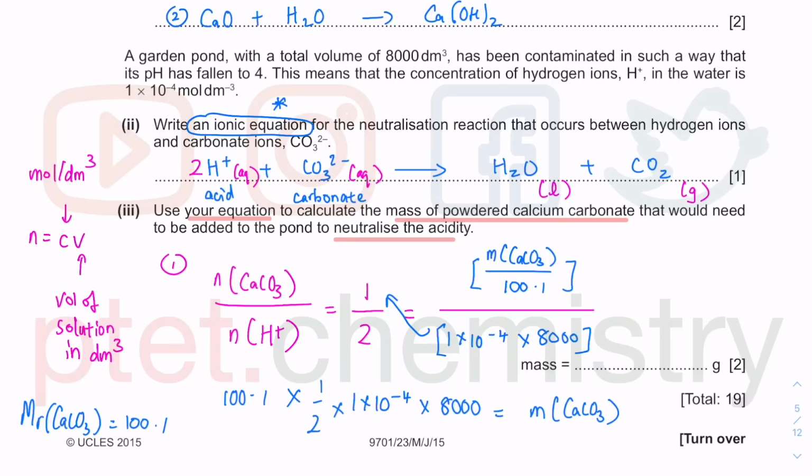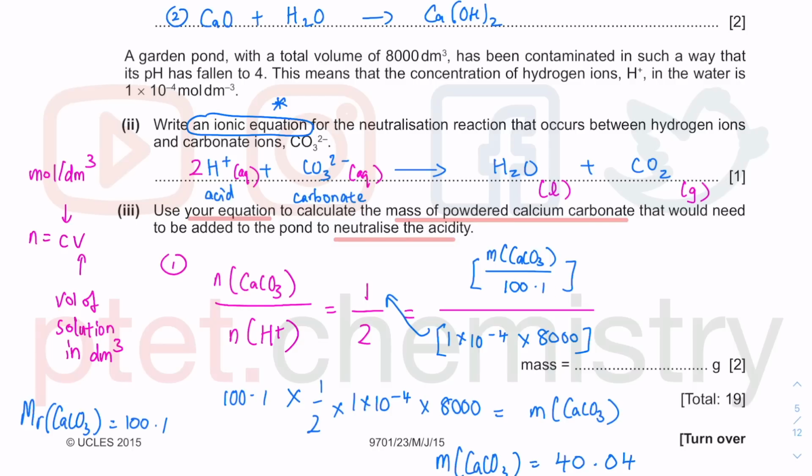And I can just now press my calculator. 100.1 times 0.5, which is 1 over 2, times 1 times 10 to the power minus 4 times 8,000. I would get the mass of the calcium carbonate to be 40.04. This is going to be in gram, as this is gram over gram per mole.